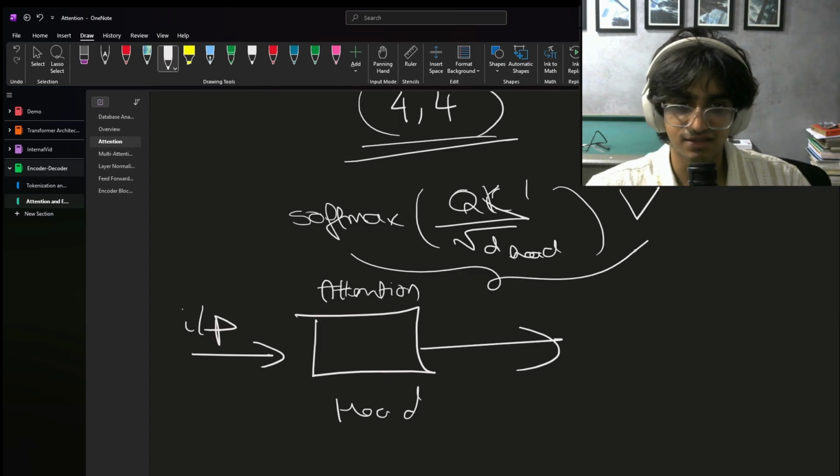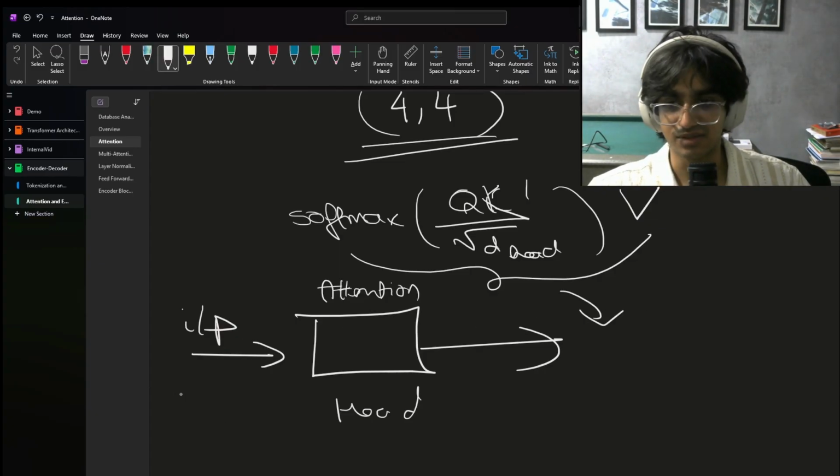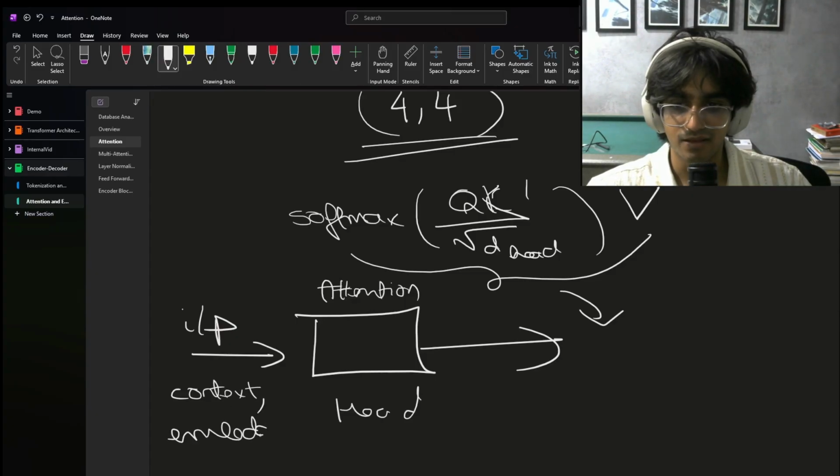And your output is essentially just this, your weighted average. Whatever your input shape is, which will be context length by your embedding dimension, your output should always be the same, which is context length by embedding dimension.